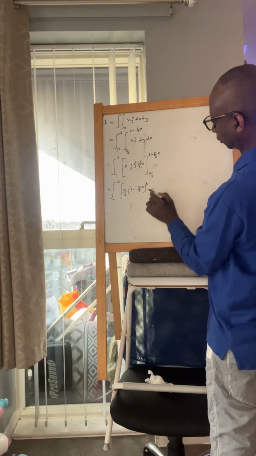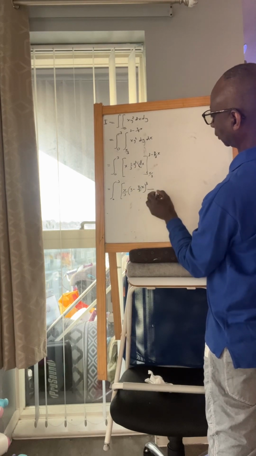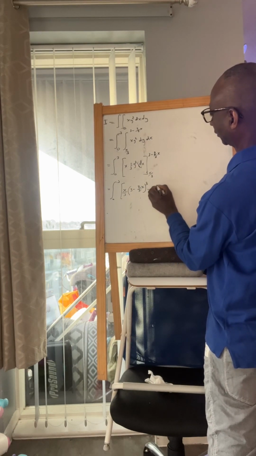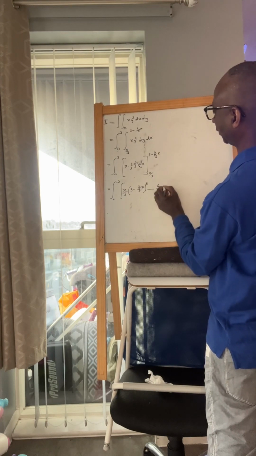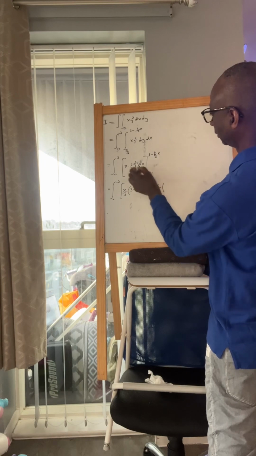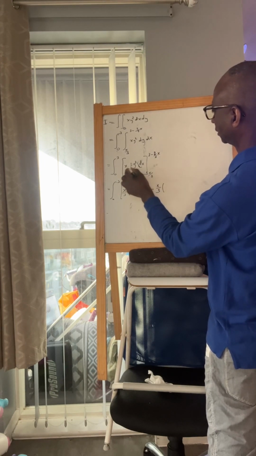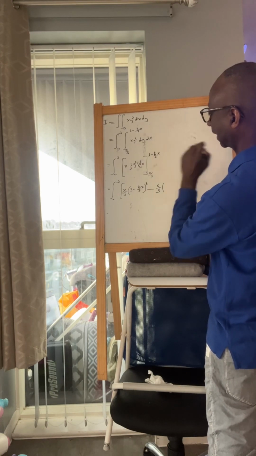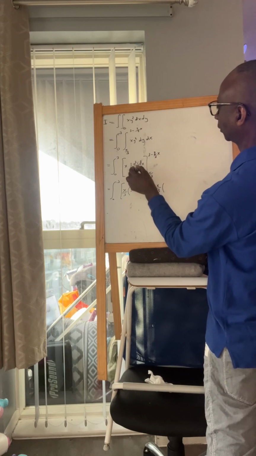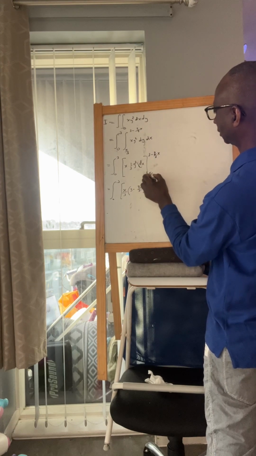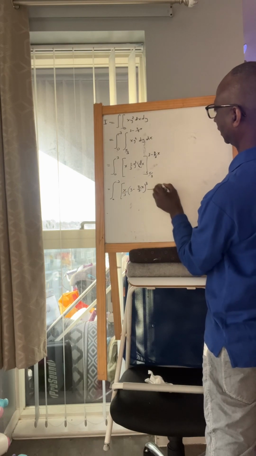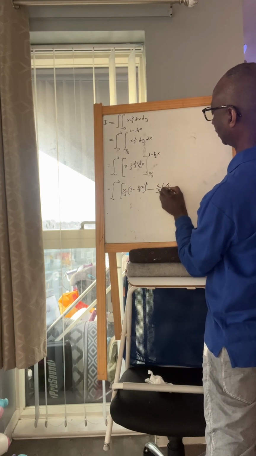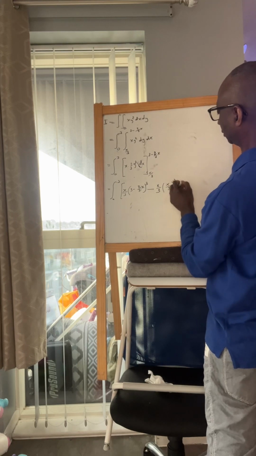minus, now the bottom limit, again, you have x all over 3, this one x all over 3, bottom limit times y cubed, this y cubed now, which is, yeah, x over 3. x all over 3 cubed.